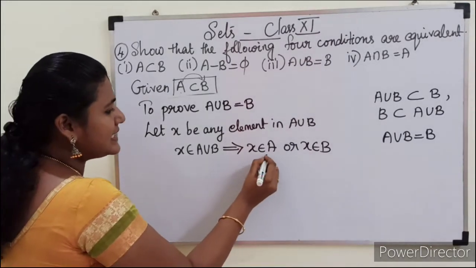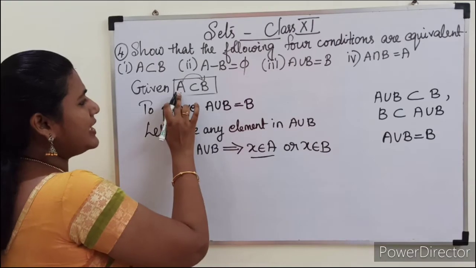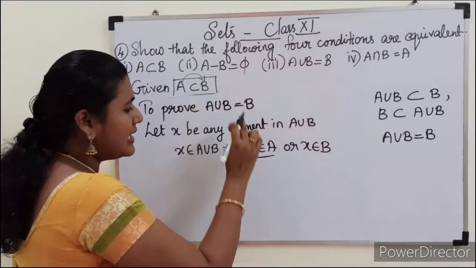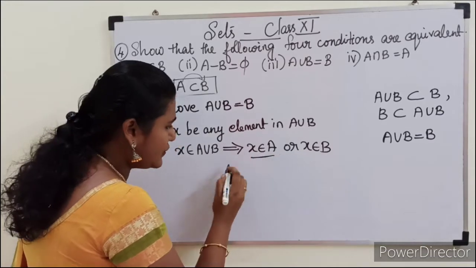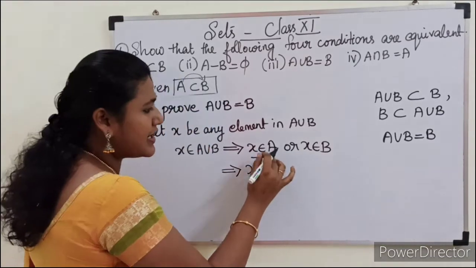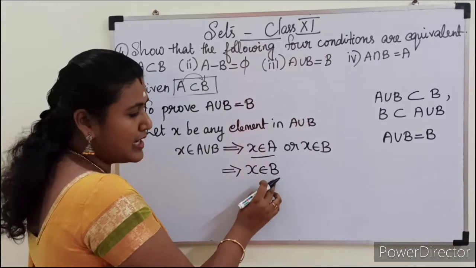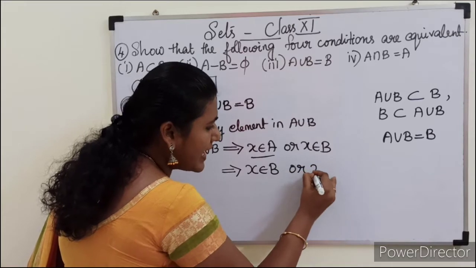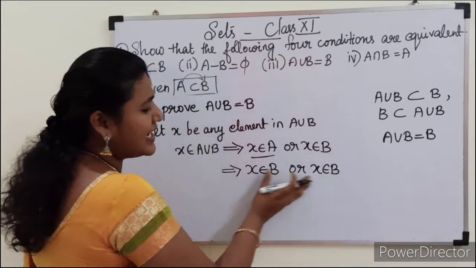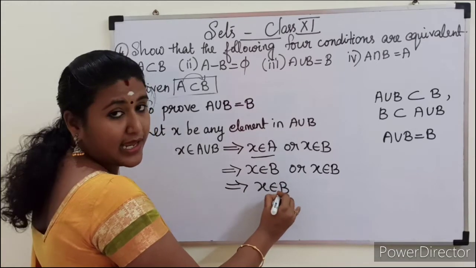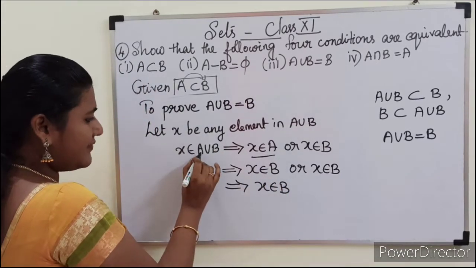Now if you consider this case, it is given that A is a subset of B. Then we got here X belongs to A, which implies X belongs to B also, because A is a subset of B. So instead of this we can write this condition, or X belongs to B. So finally what we are getting is X belongs to B only.